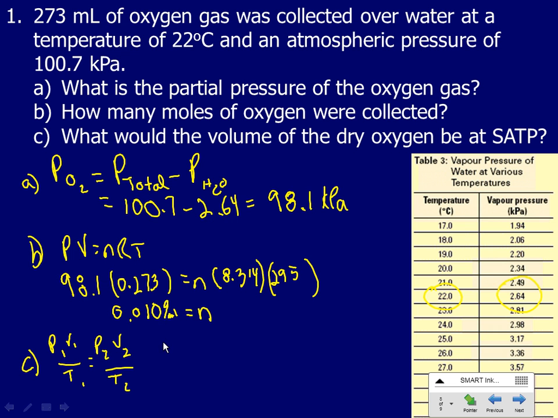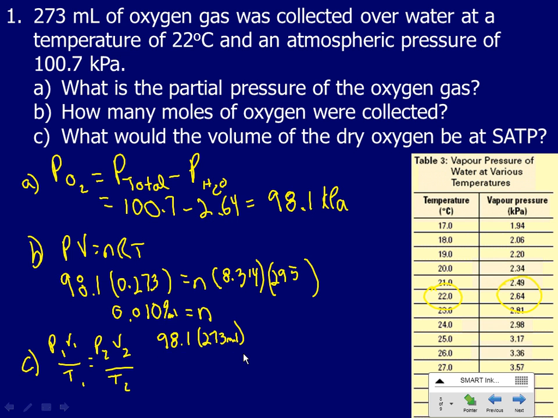Pressure. Now, the pressure of the dry oxygen gas, 98.1. That's why we did this whole thing. 98.1. Volume of my starting gas, 273 milliliters. Because we're using the combined gas law, we could leave it as milliliters. We're just going to get milliliters at the end. 273 milliliters.